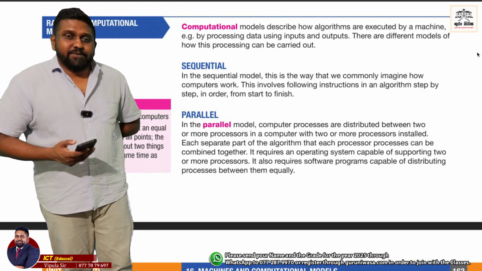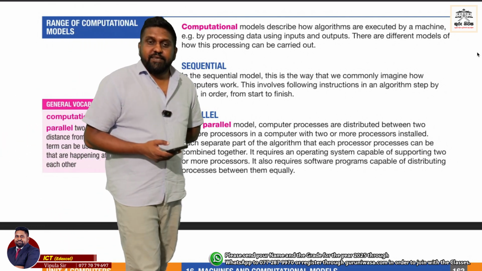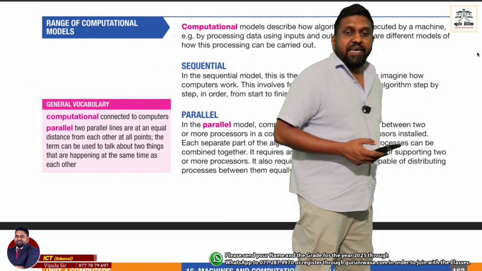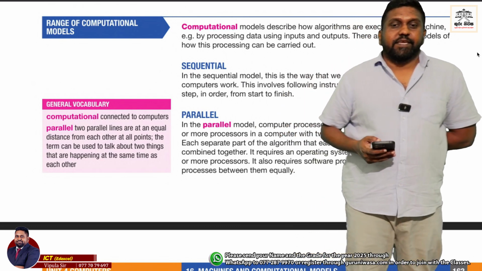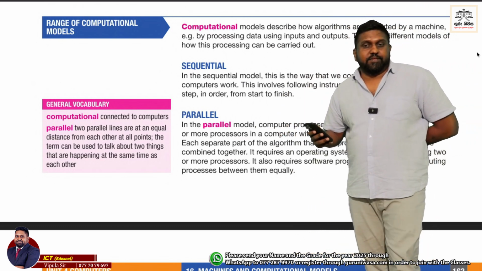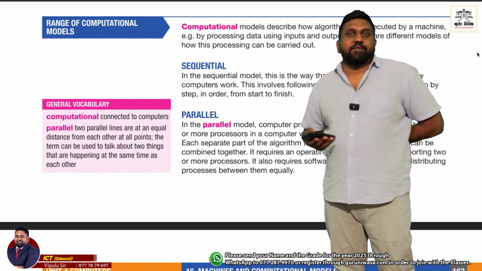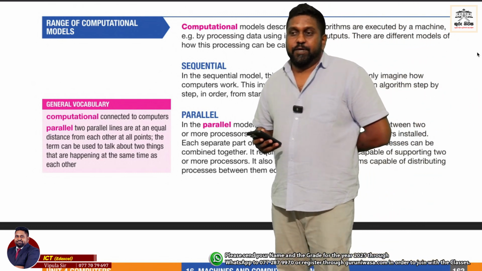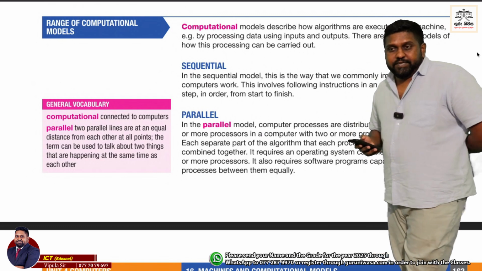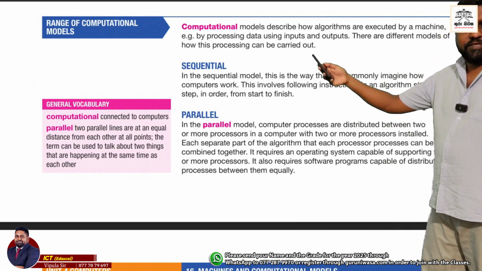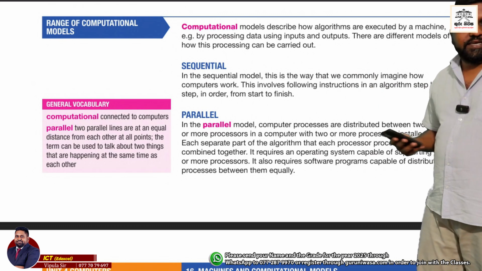Computational models basically describe how algorithms are executed by a machine, for example by processing data using simple inputs and outputs. There are different models for how this processing can be carried out.